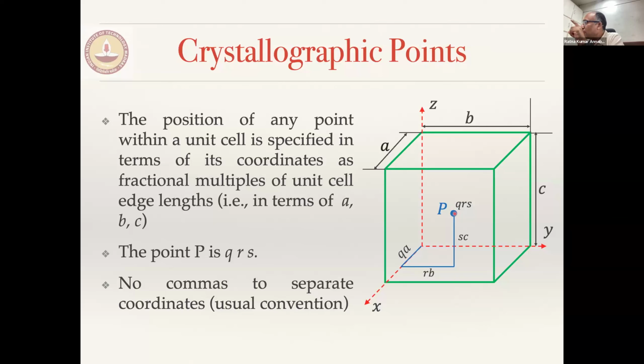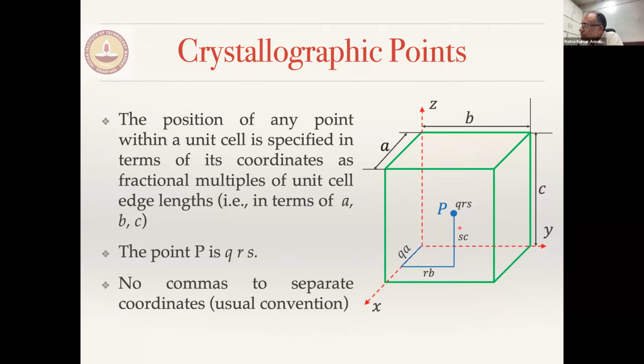Then, to describe that crystallographic point in crystallographic language, you do not write the absolute distances, but mention it as fractional multiples. So you simply write Q, R, and S, and you don't put commas besides them. You just write those 3 numbers. For example, in this picture, Q is equal to 1 by 2, R is equal to 1 by 2, S is equal to 1 by 2.